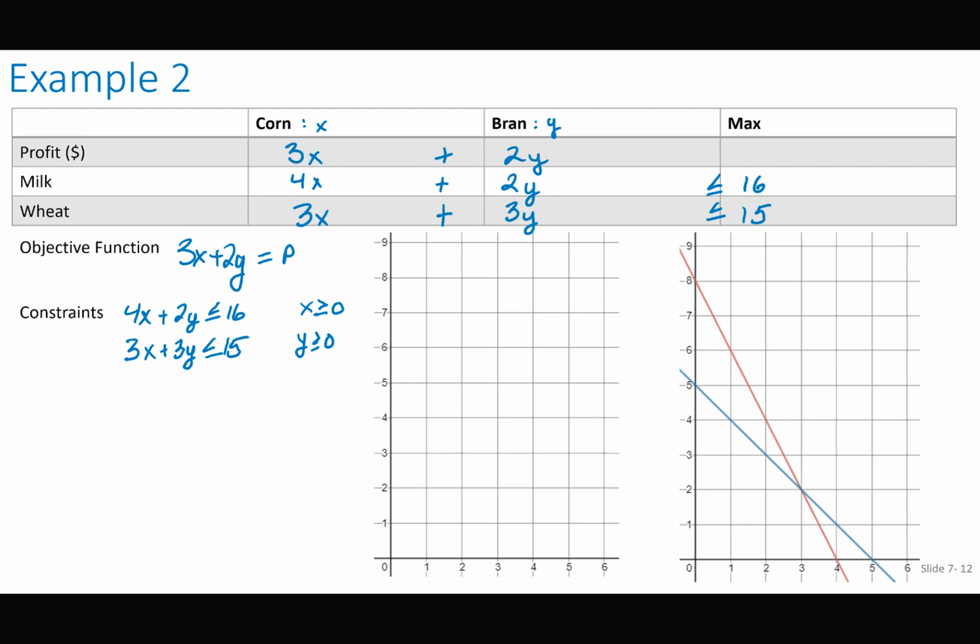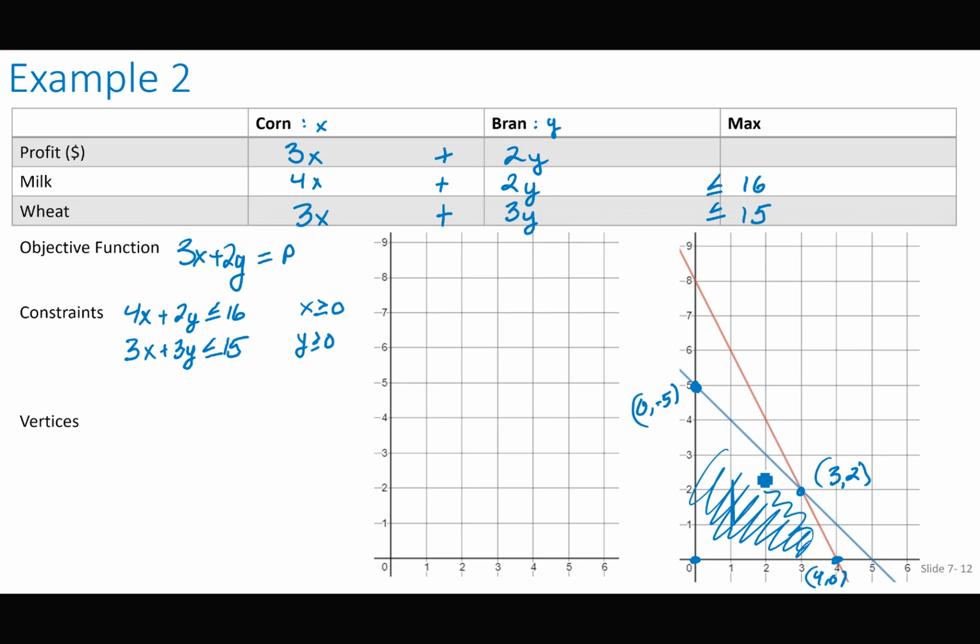All right, I've jumped ahead a little bit. I already graphed these. So the graph on the right shows these two lines graphed, but you can find the intercepts on each one, and you can graph. And so my vertices are going to be here at 0, 5, here at 3, 2, here at 4, 0, and here at 0, 0.